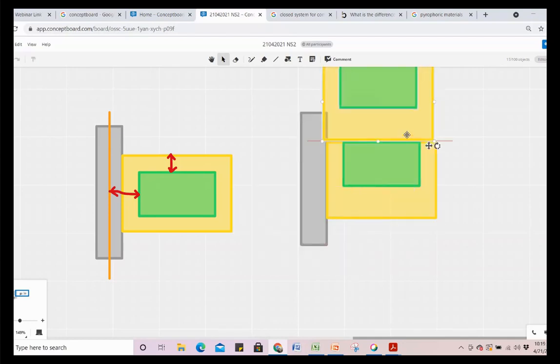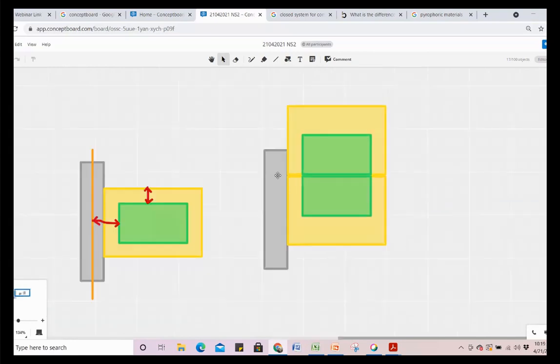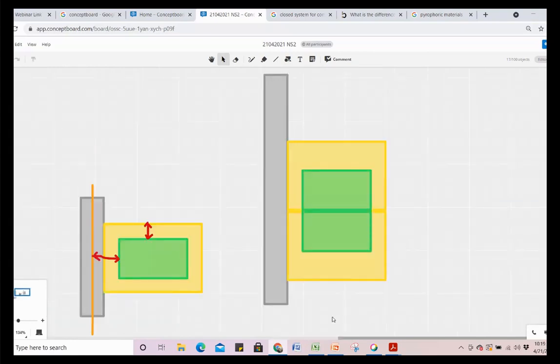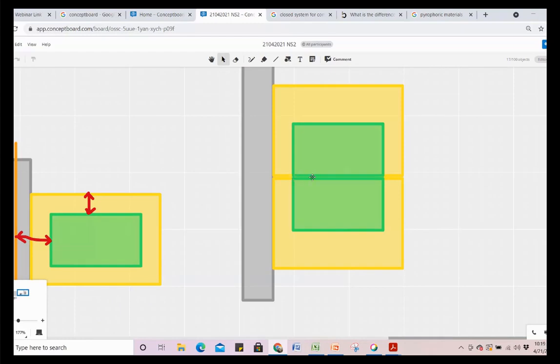a semi-detached situation. Semi-detached in the sense that buildings are joined, sharing one wall, and the other sides are open. So it is not a fully detached building like this one. They can share a wall at the boundary line, at the property line.